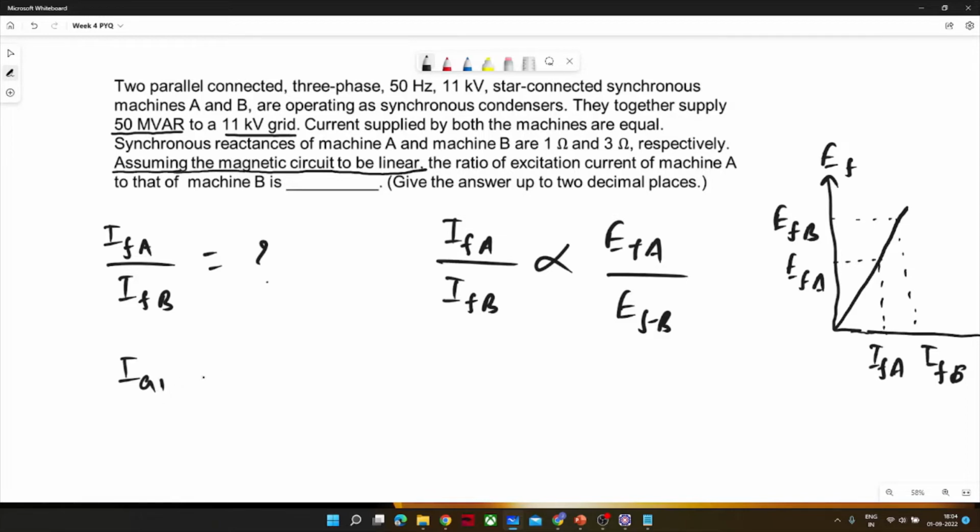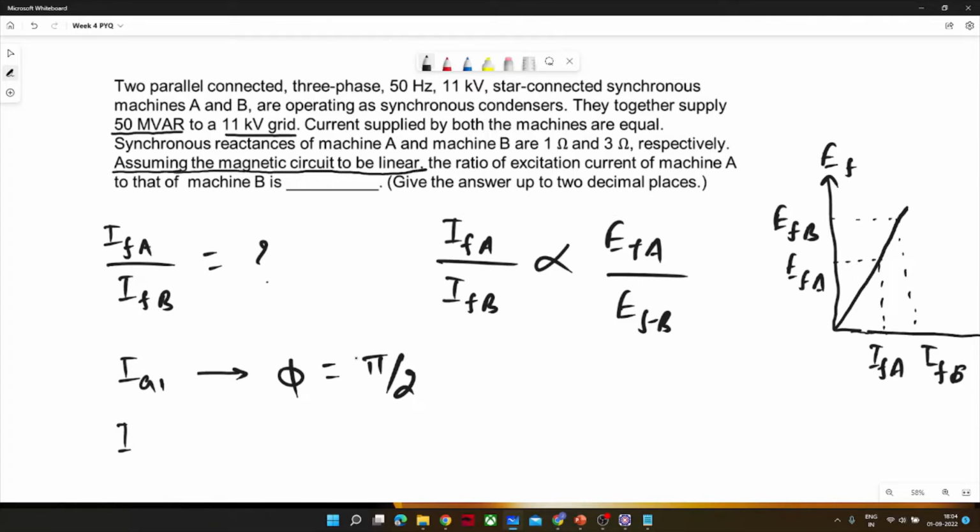IA1, its angle would be 90 degrees lagging. We all know that for lagging power factor, when the power factor angle is 90 degrees, only complete reactive power comes into the picture. No active power would be there. And that's what the question is related to.